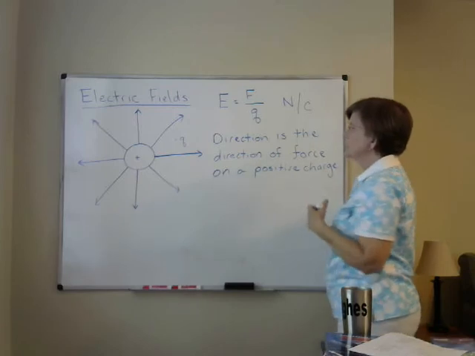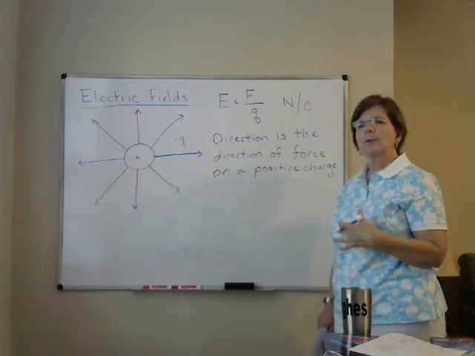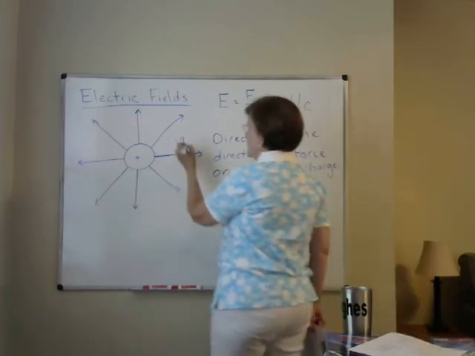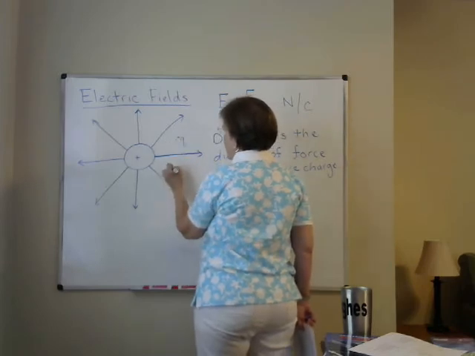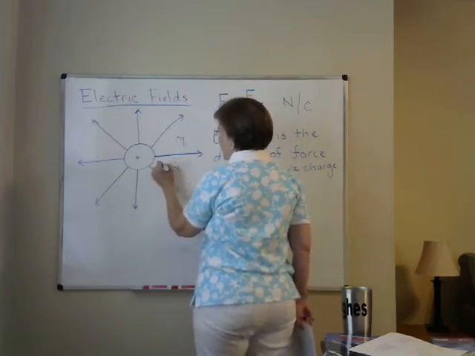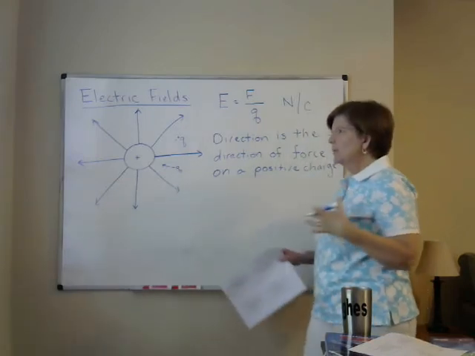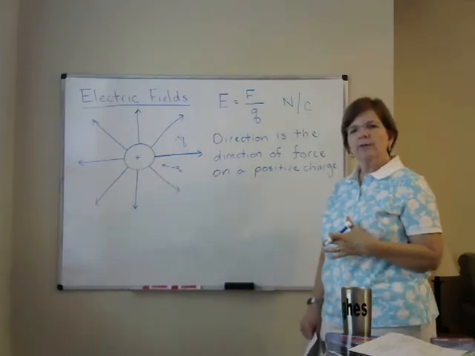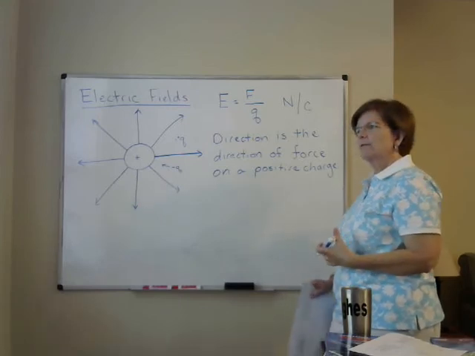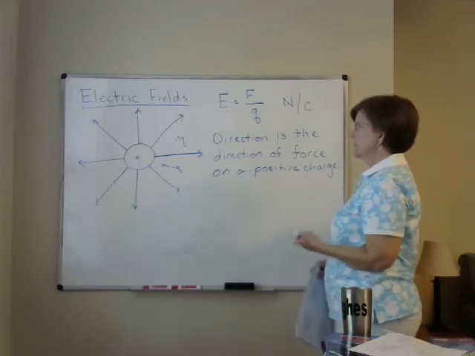So all I have to do to get the direction is think, what direction would a positive charge go? Notice this is positive. If I had a little negative charge, it would actually be attracted. Negative charges feel forces that are opposite the electric field. Positive charges feel force in the direction of the electric field.